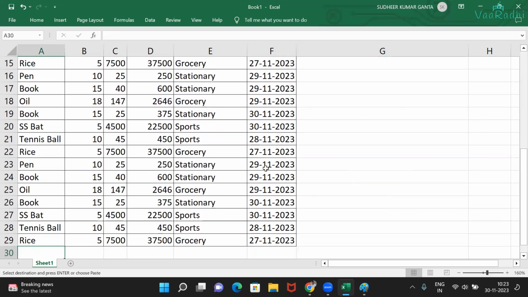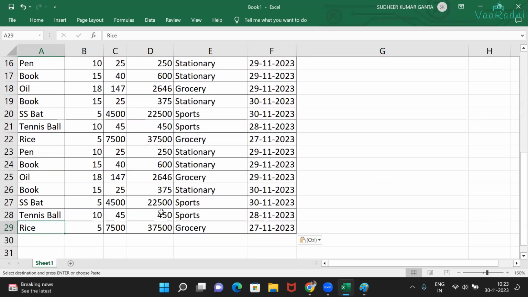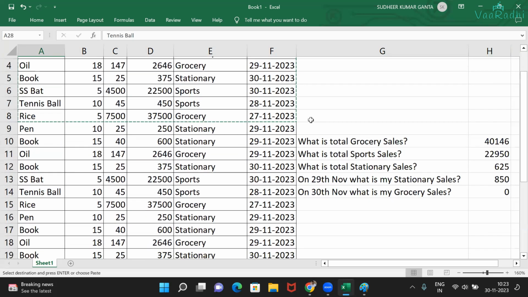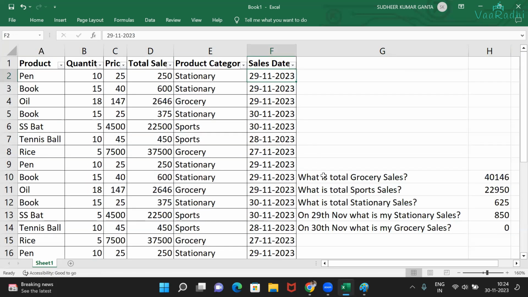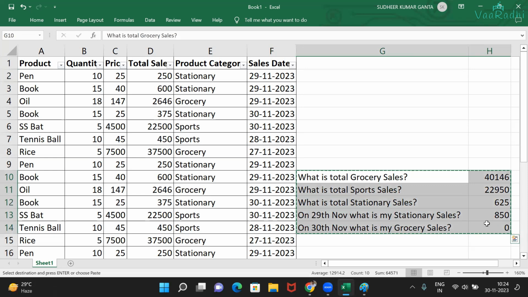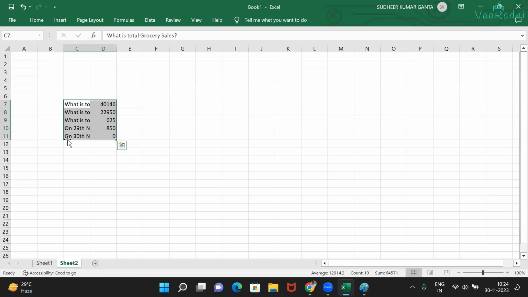See here, what is my data row count now? It's showing row number 29. Excluding the header, the row count is 28.